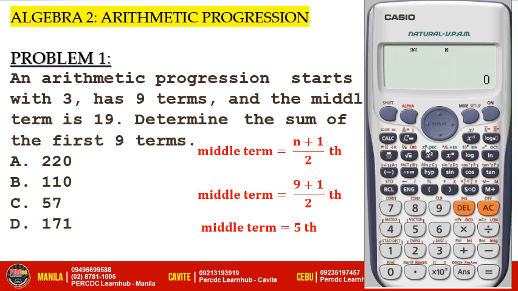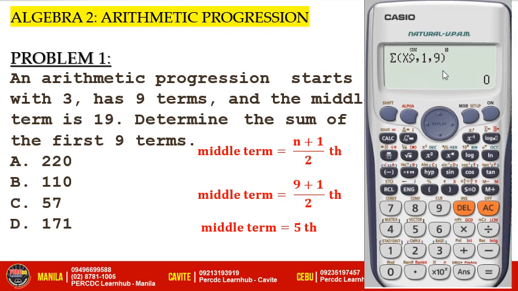So, press AC muna tayo, and then shift lag. Okay, shift lag. And then, sum kasi ito ng first 9 terms, punta tayo ng shift, punta tayo ng stat. Oh, by the way, hindi pala. Sorry. Alpha x muna tayo. Alpha x. And then shift 1, and then 5, and then 5. Tapos, comma. So, itong comma, ang una, the lower limit, which is first term, and then comma, and then papuntang 9 terms.